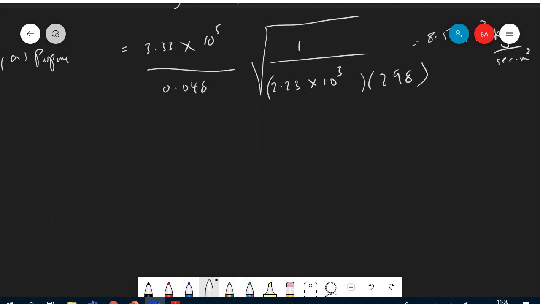Into T, which is 298 Kelvin. And the answer is going to be 8.51 into 10 to the power 3 kilogram per second meter square. Okay, so that's the flux.